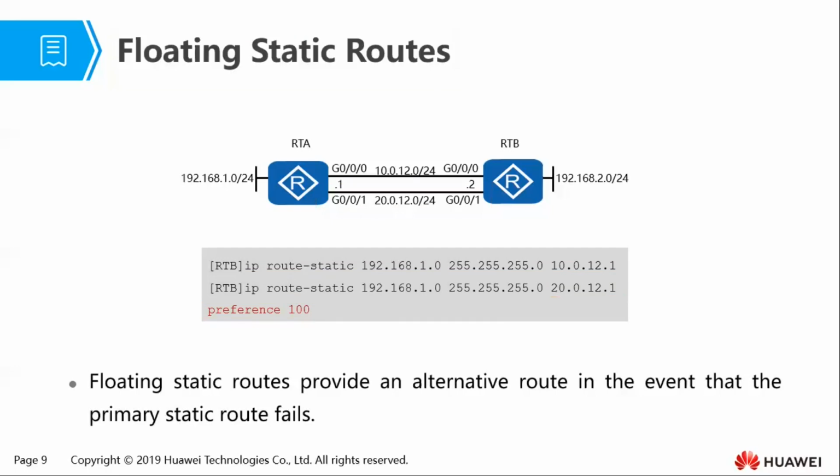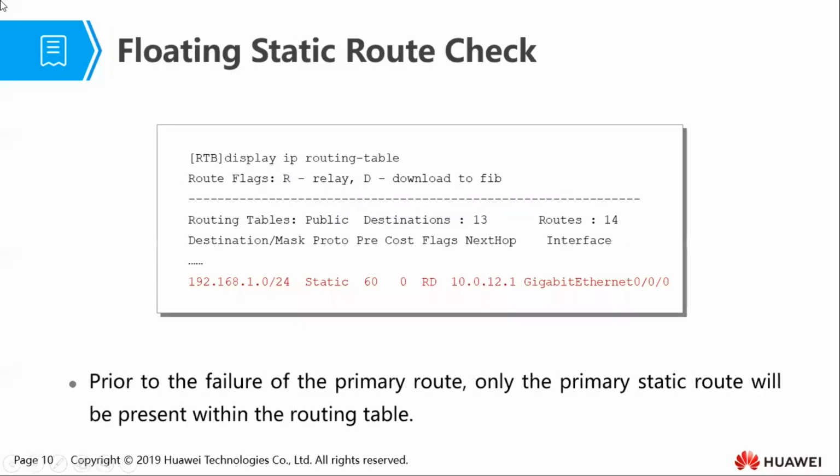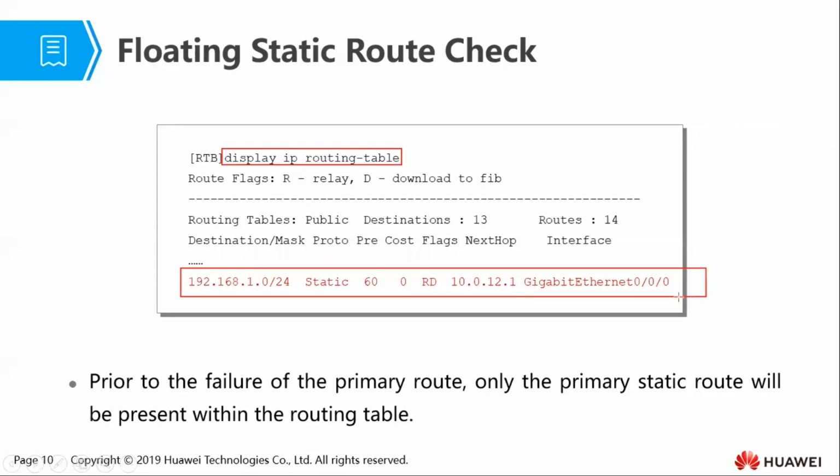So if we confirm that by typing display ip routing-table, we can see that indeed only the 10.1.0.12.1 next hop has been installed in the routing table.